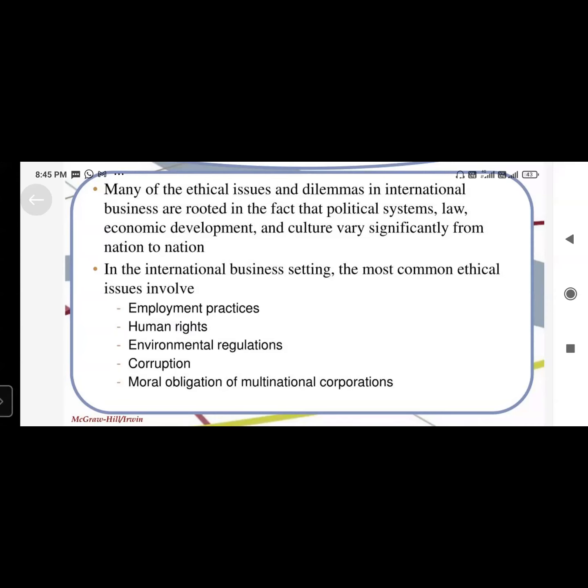Now, 3 days back, there was an article in Times of India regarding an experiment which is being conducted in European countries, and that experiment is related to 4 days week, 4 दिन का हफ्ता.